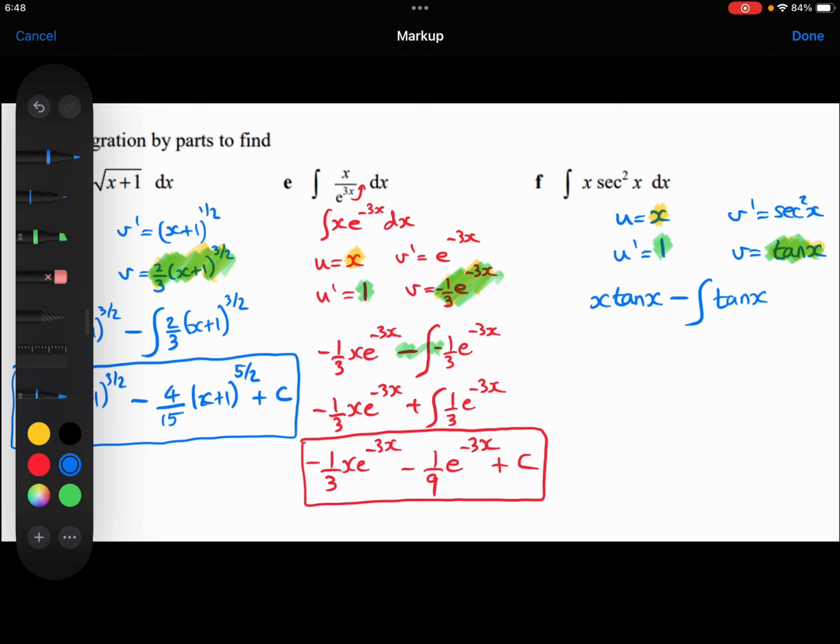Now we can integrate the tan x there, and again you can check this out on your formula sheet. Tan x is going to integrate to be ln sec. Then don't forget the plus c as well.